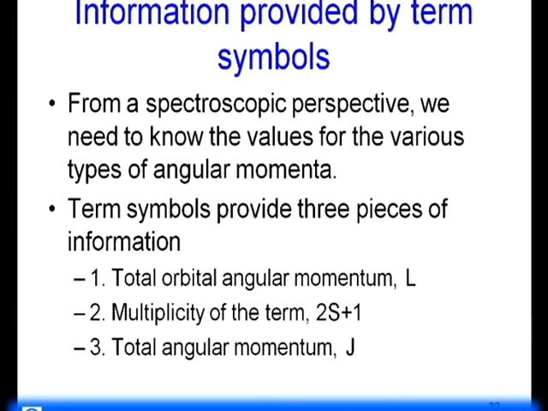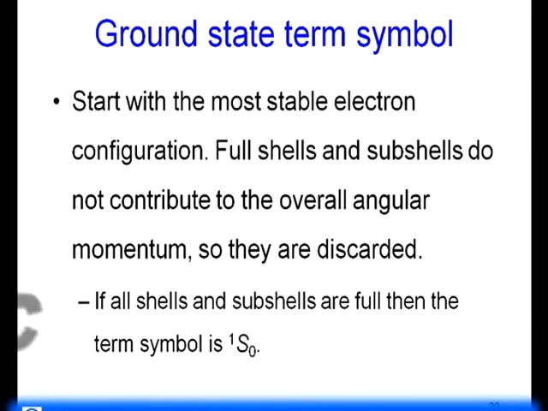It does not depend upon the individual electron configurations. These term symbols provide three pieces of very vital information: the total orbital angular momentum L, the multiplicity of the term, the S quantum number giving us 2S plus 1, and the total angular quantum number which is J.